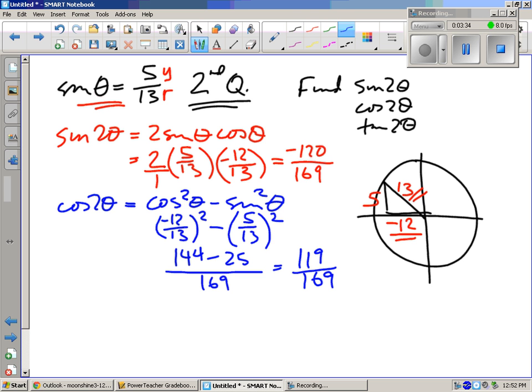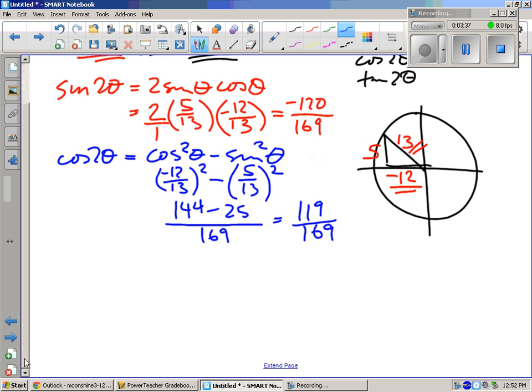Okay, so let's do tangent. Let me move down here a little bit. We'll do tangent in green. So tangent of 2 theta, the formula is 2 tangent theta over 1 minus tangent squared theta.